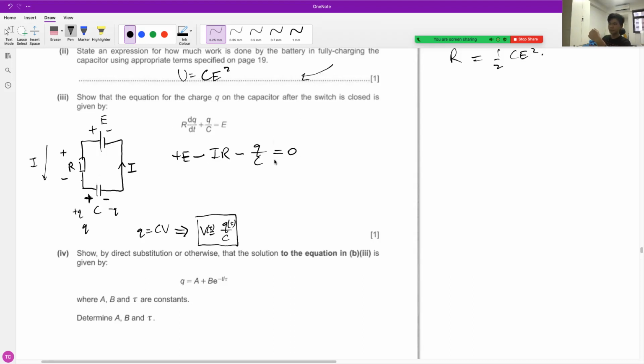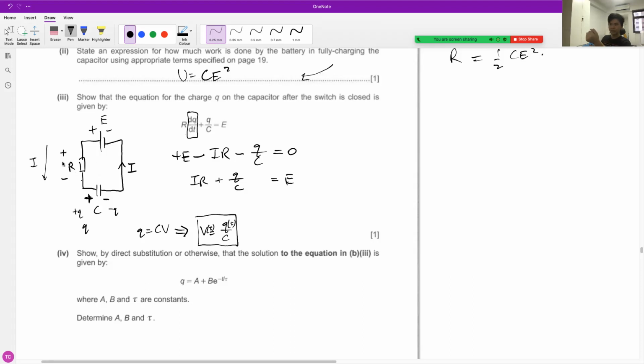Now, if we do a quick rearrangement, we'll see that we're almost there. We have E equals IR plus Q over C, but the I needs to be dq/dt.